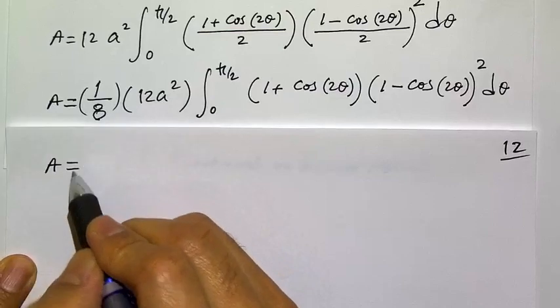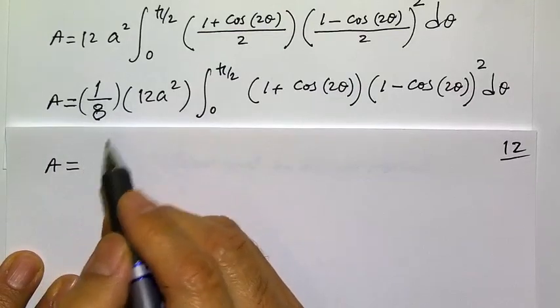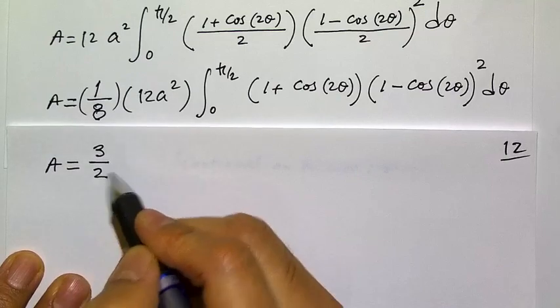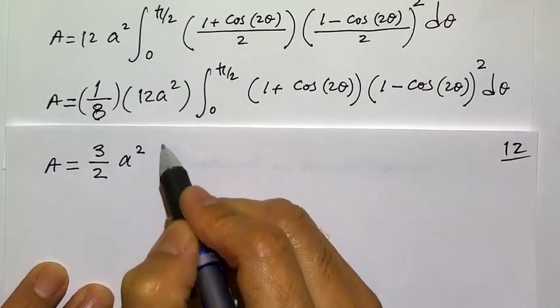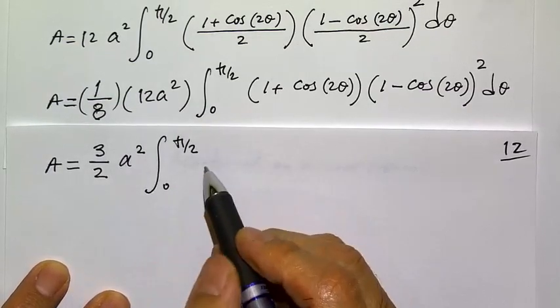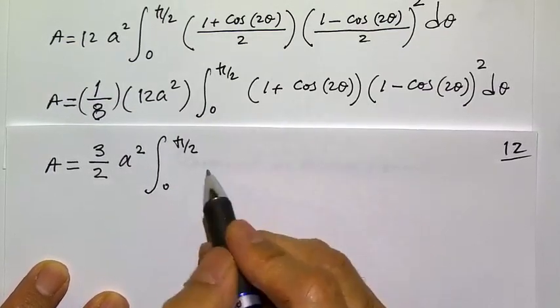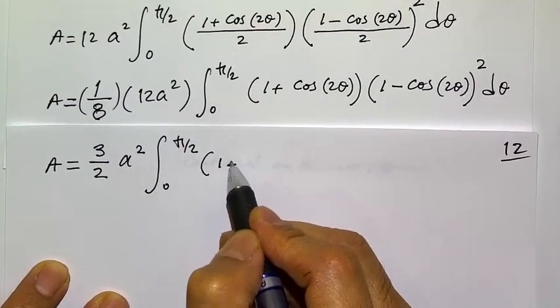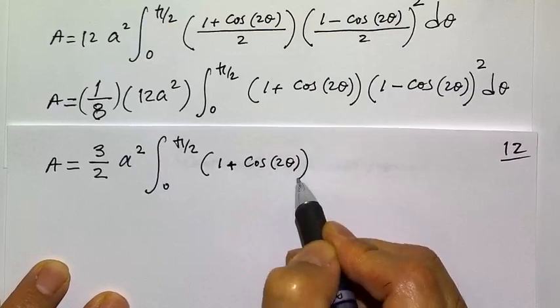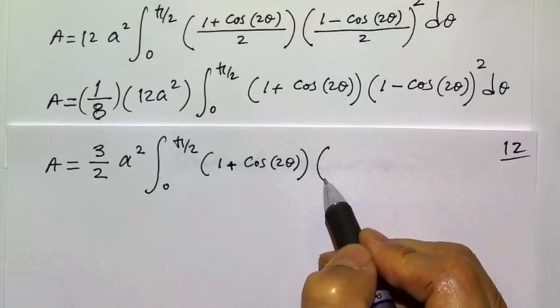So we have a equals 12 over 8, which simplifies to 3 over 2, a squared, right? And then the integral from 0 to pi over 2. The first couple of terms, let's keep them as they are. 1 plus cosine of 2 theta. Let's expand that. What do we get?